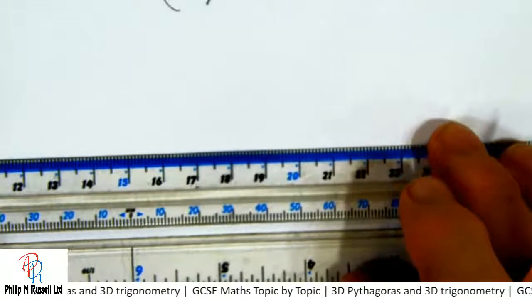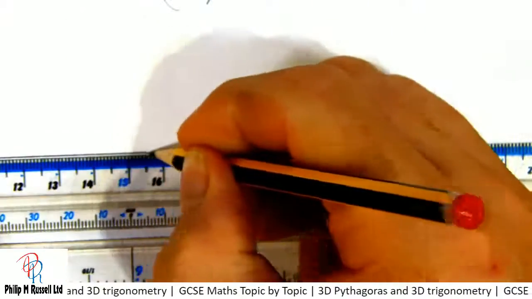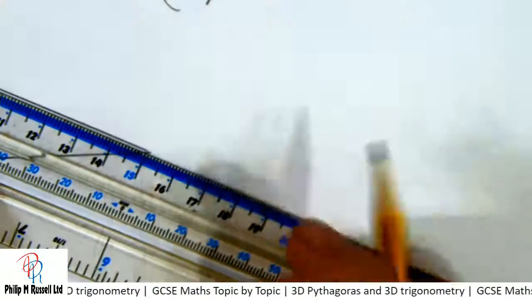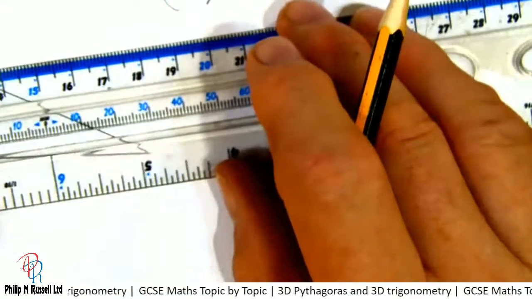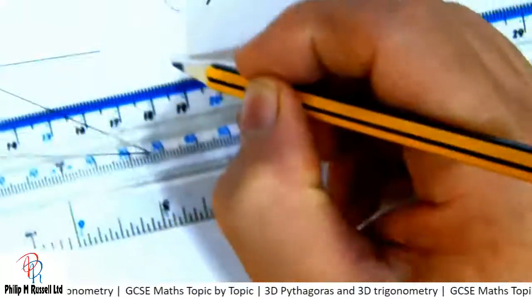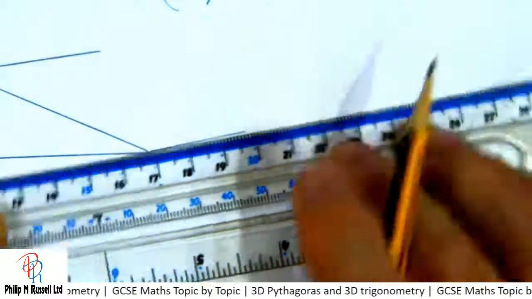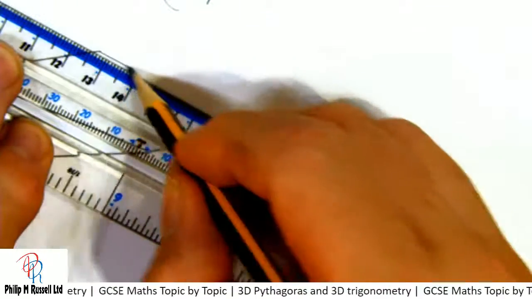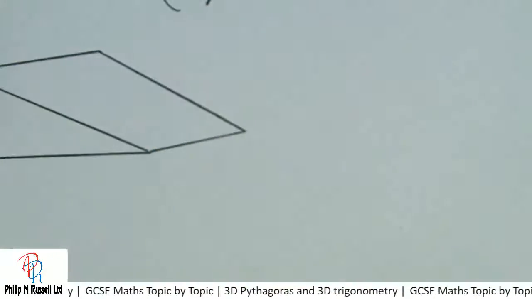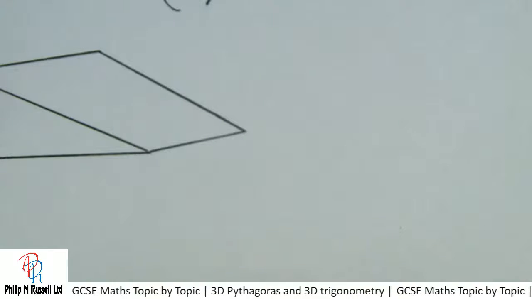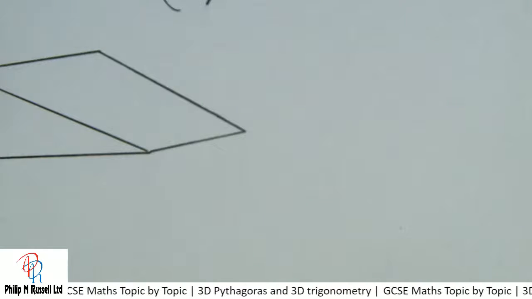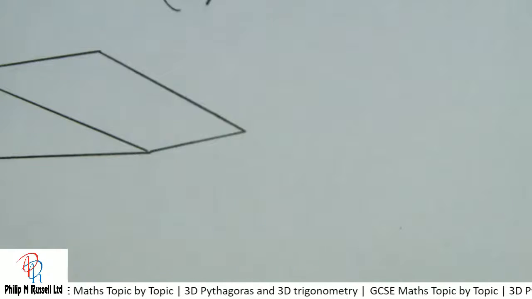Let's imagine this time that we've got a triangular prism. So my triangle, something like this, and we want to try and work out some bits and pieces. So let's give this some labels.